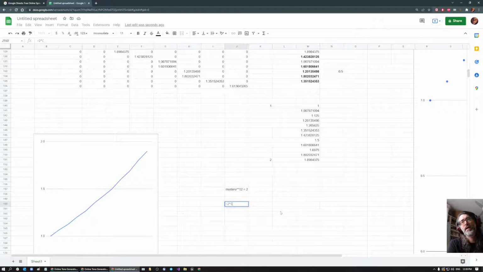And now what I want to do is, square root is like power half. So 12th root is 1 over 12. So that was the trick. That was the hardest math part here. We're trying to find a number that we're going to multiply to get to 2. So the trick is to do 2 to the 1 over 12, which is the 12th root of 2, which is this number.